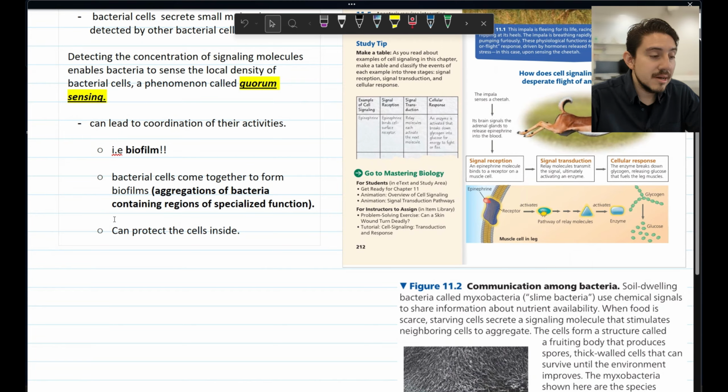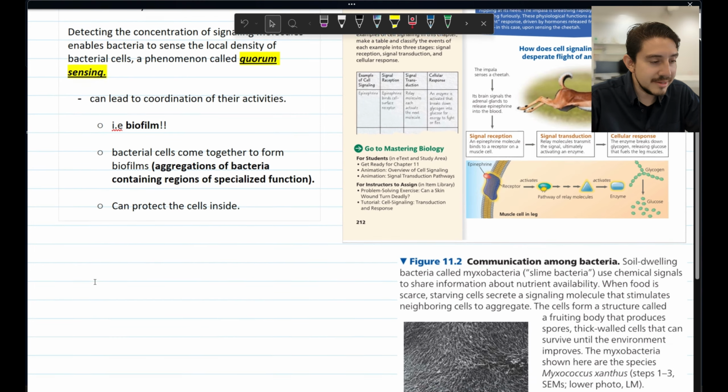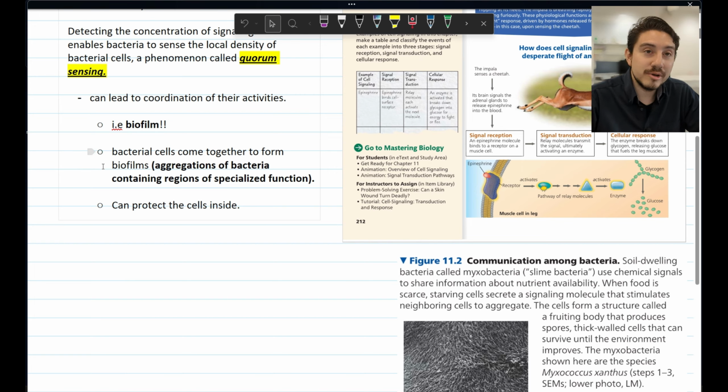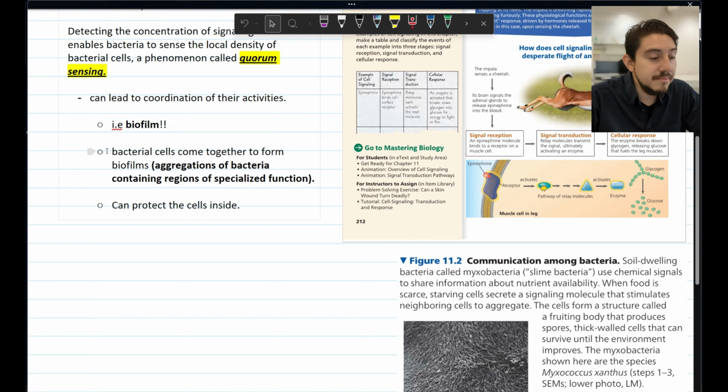One of the most common consequences of quorum sensing is producing a biofilm. Bacteria come together and secrete this film of molecules, and then this biofilm can protect the bacteria inside it.